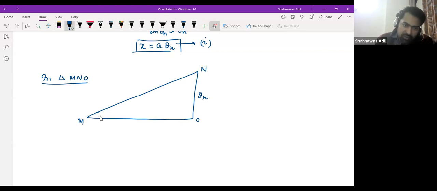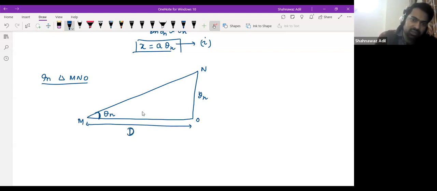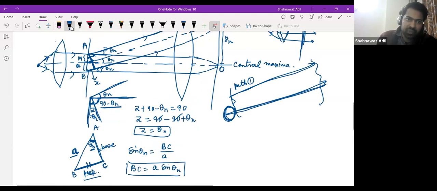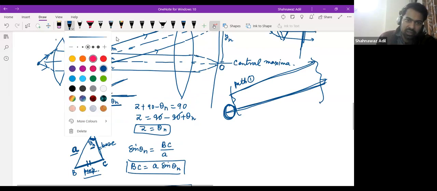This angle is theta n, and the separation between the screen and the slit is D, capital D. That is what we write, right? So this separation is D.